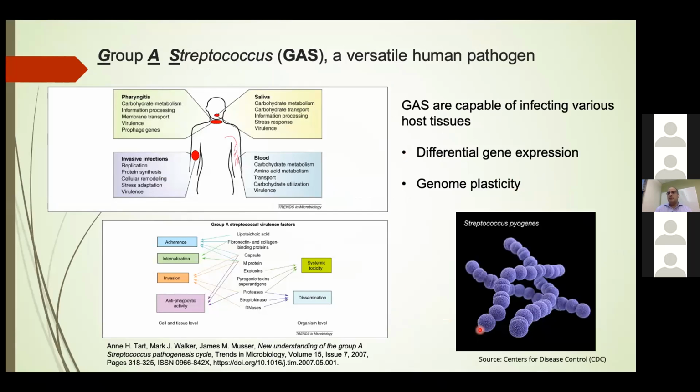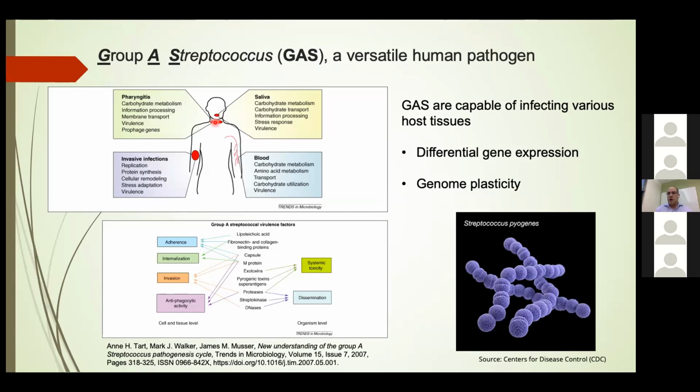One bacterium in which mobile genetic elements featured prominently is group A strep. So group A Streptococcus, or GAS, as I'll refer to it, is a specifically human pathogen. It's unique. It only infects humans, and will, for the most part, asymptomatically colonize the nasopharyngeal tissue of its host.